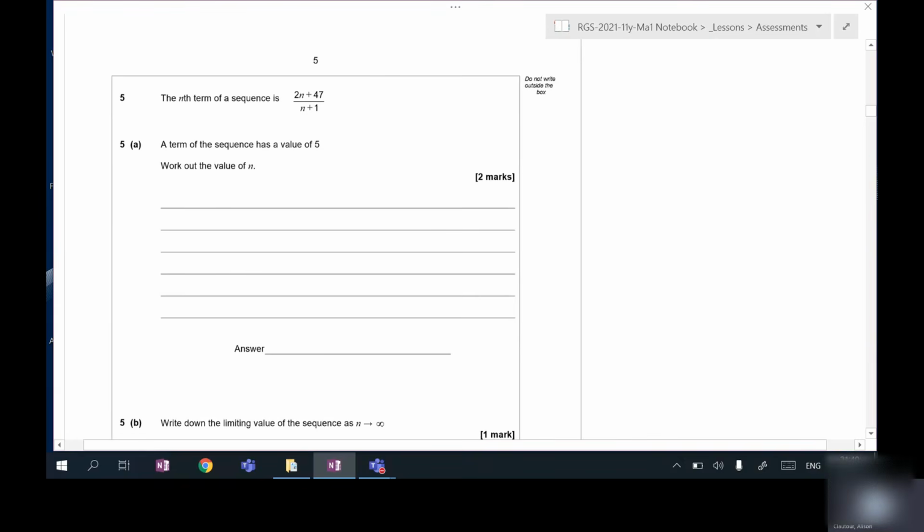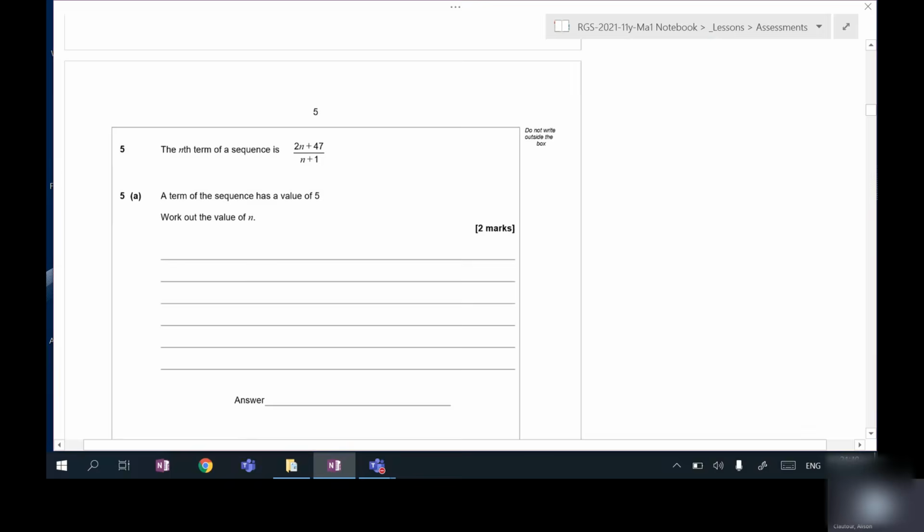Number 5, the nth term of a sequence is (2n plus 47) over (n plus 1). A term of the sequence has got a value of 5. So we know when we sub in the position, we get an answer of 5. So working backwards, we want to find what n is.